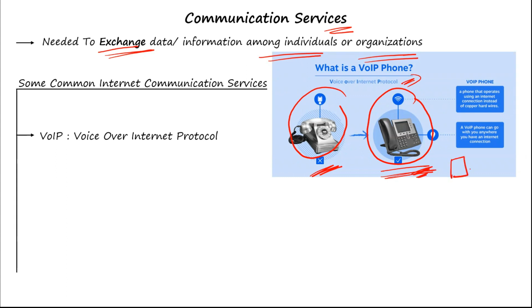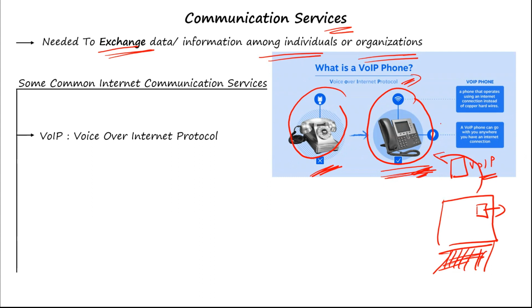For instance, you have an application, suppose VoIP provider, and that is in your desktop. You are sitting in front of your desktop, and you can make a call using this application. This application will get synchronized with this phone, and the call would be made through this phone indirectly. But you are sitting and making a call over internet using just an application. This is voice over internet protocol.